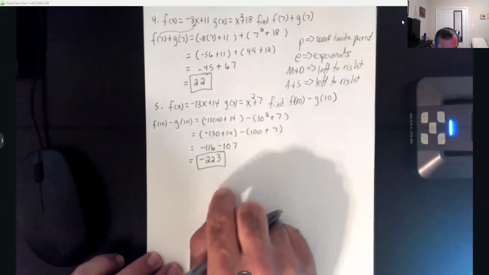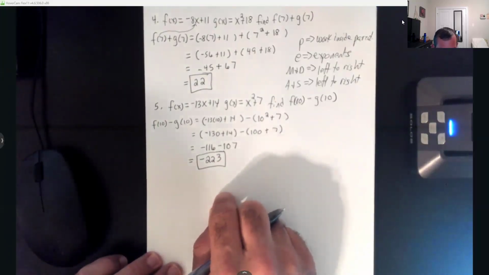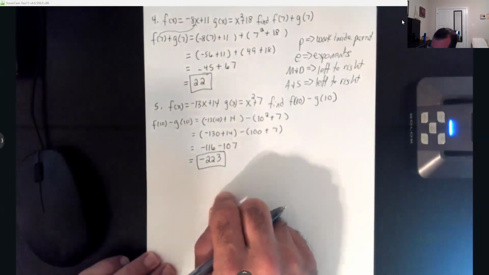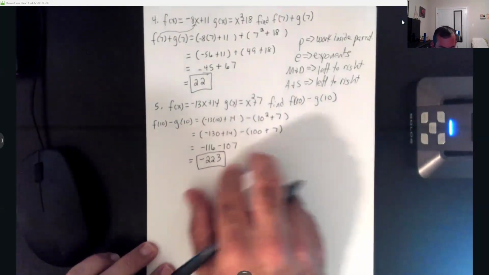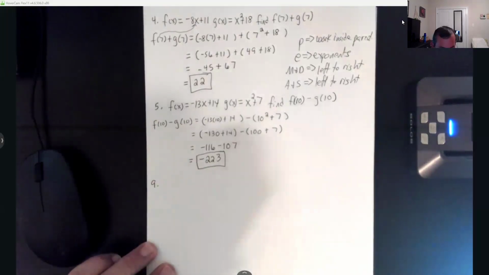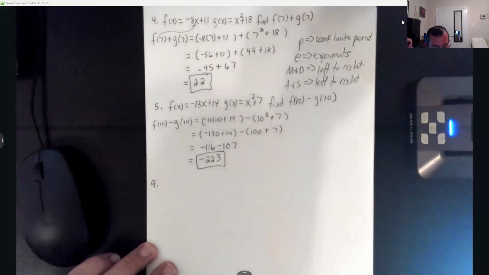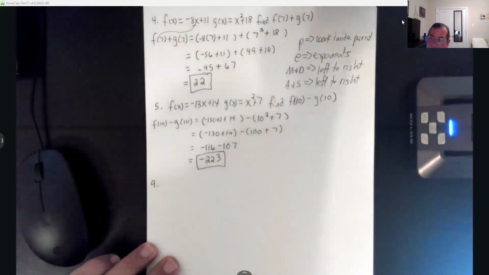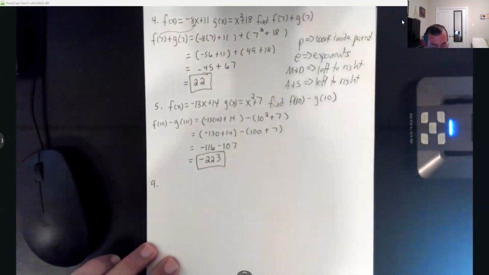So those are a few with numbers. So let me see. I'm gonna skip down to 9 because 6, 7, and 8 were all similar to these. These say for the functions, find the indicated sum, difference, product, or quotient.